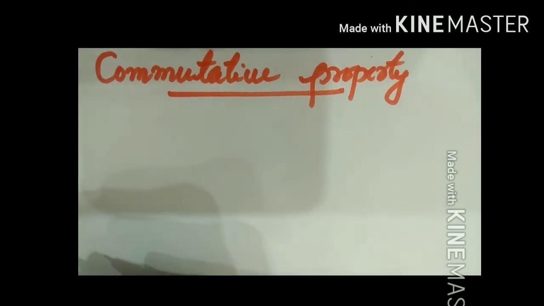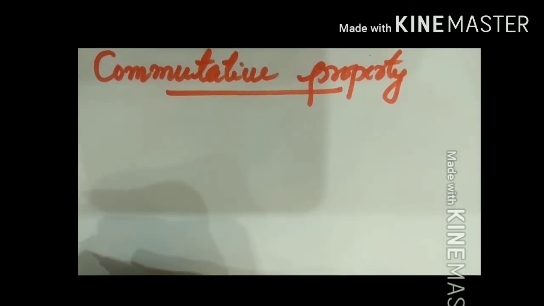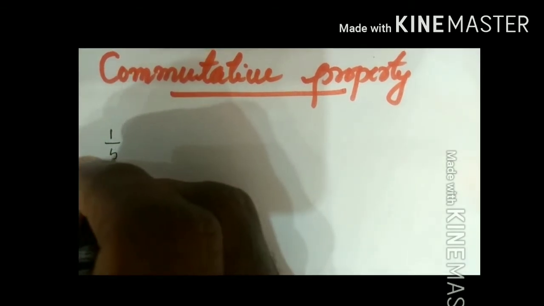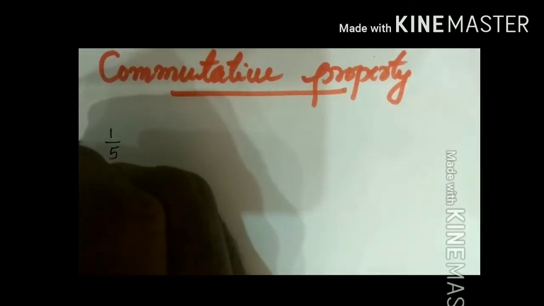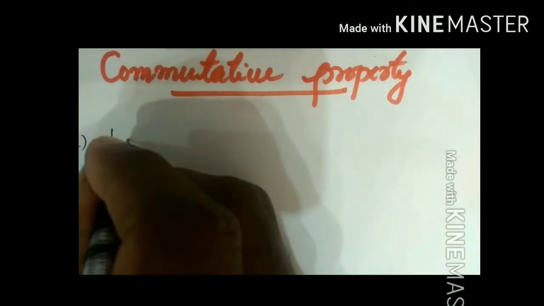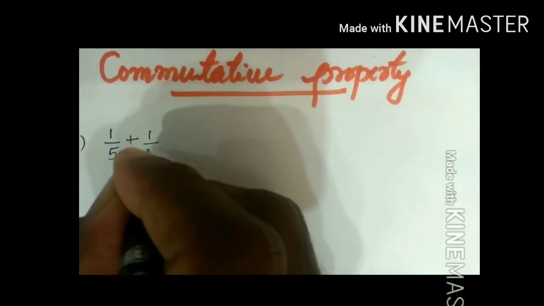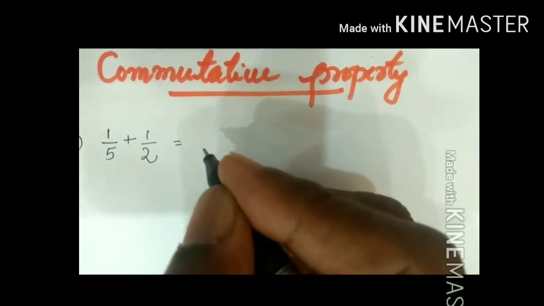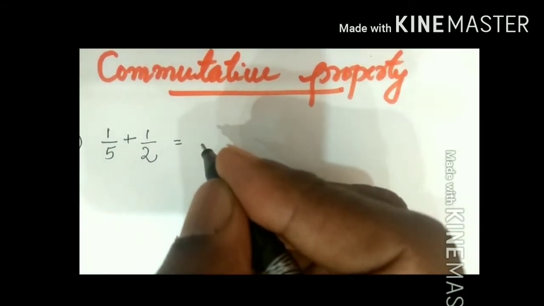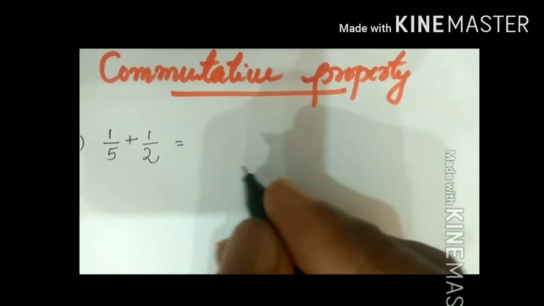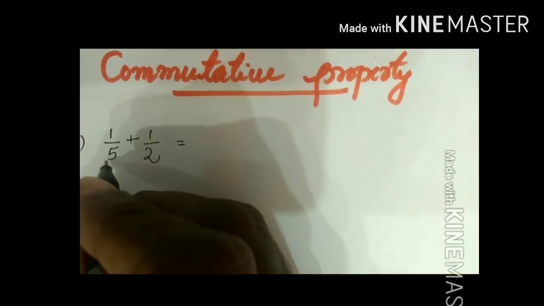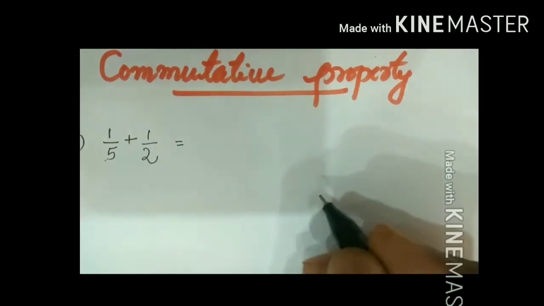Let's take the numbers 1 by 5 and 1 by 2. Let's find the sum of 1 by 5 plus 1 by 2. I'm going to add the rational numbers 1 by 5 and 1 by 2. Before adding, let's check the denominators.